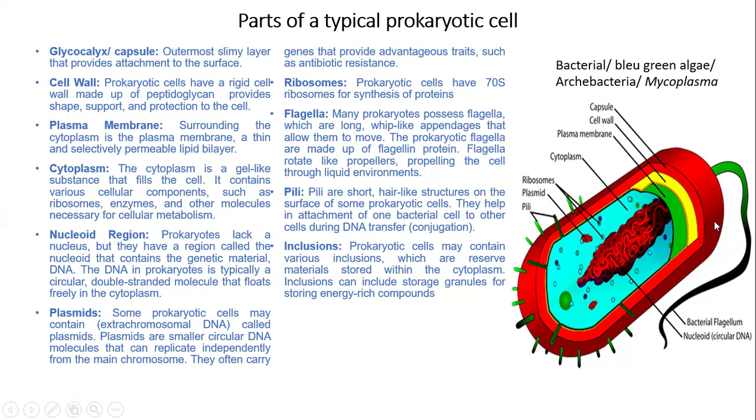So the prokaryotic cell is best represented by the bacterial cell, which is unicellular and included under kingdom Monera of the 5 kingdom classification by R.H. Whittaker. You can see here a very simple structure. In the next video, I'll be providing you the idea about the eukaryotic cell, which contains a true nucleus.